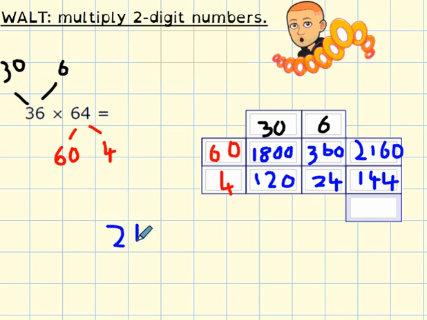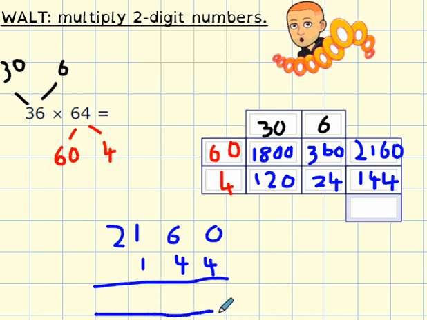So I need to do 2,160 add 144, starting with my lowest value column: 0 ones add 4 ones is 4 ones, 6 tens add 4 tens is 10 tens, which requires an exchange. 100 add 100 is 200. Add on my exchange 100 would give me 300. And 2,000 add 0 is 2,000.